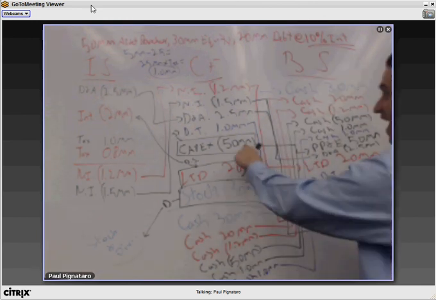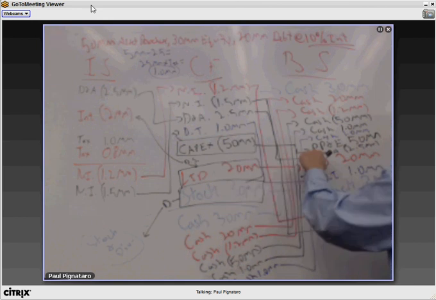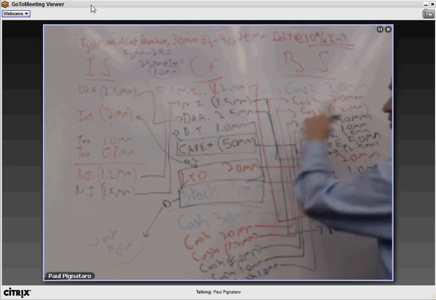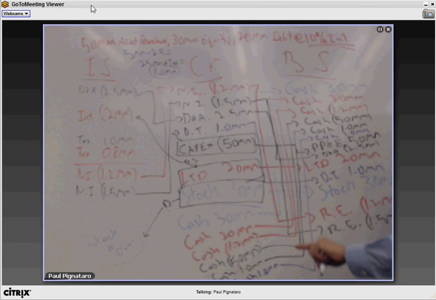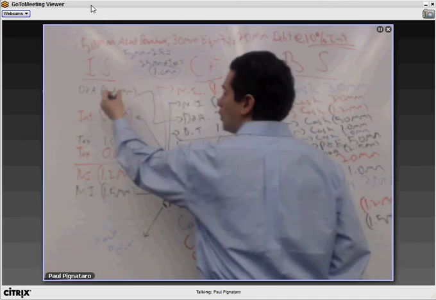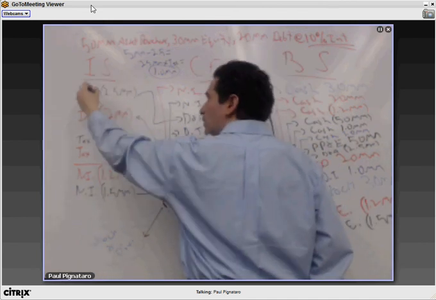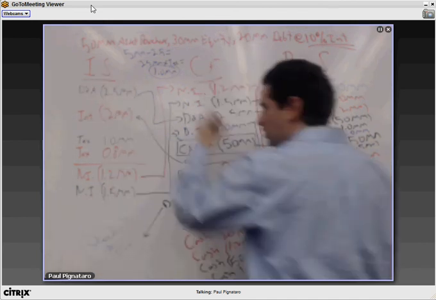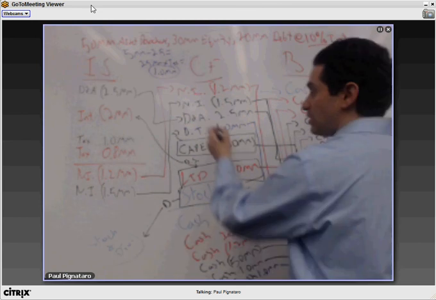That flows into your PP&E, reduces your cash, and flows into your depreciation schedule, into your straight line and accelerated. The straight line will flow into the income statement and make the tax adjustments, and the accelerated will create your deferred taxes.